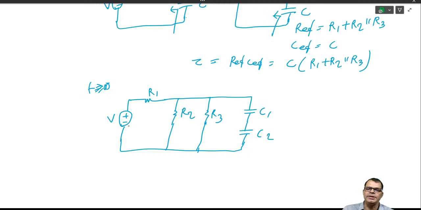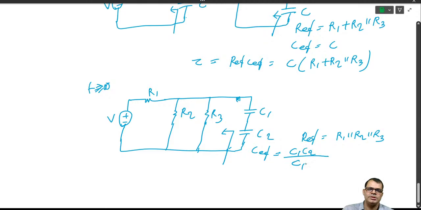As I have told, reduce the voltage source or current source to 0. When I reduce the voltage source to 0, this will be shorted. So when I look from the energy storing element, R equivalent will be R1 parallel R2 parallel R3, and C equivalent is the series connection of C1 and C2. As you know, the series connection is C1 C2 upon C1 plus C2. So the time constant is R equivalent into C equivalent.